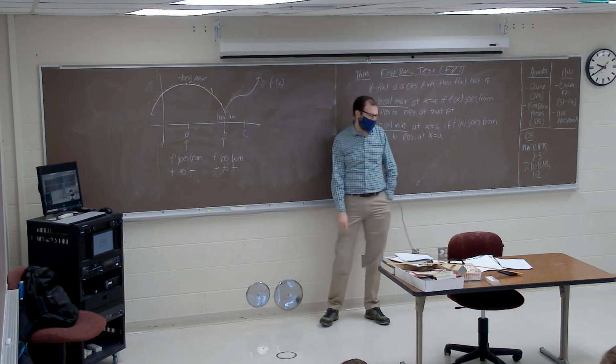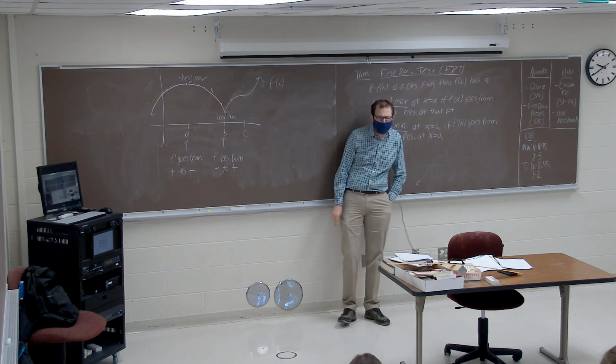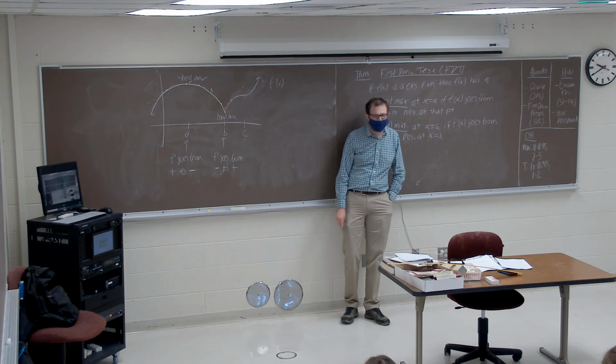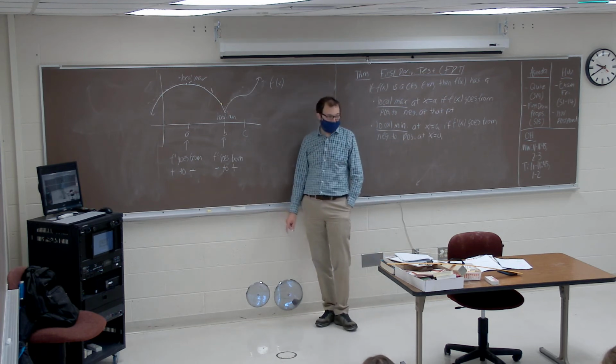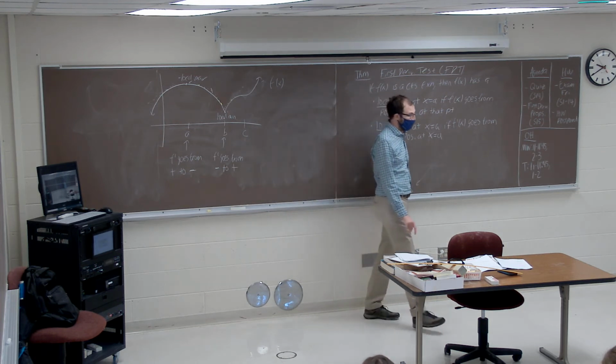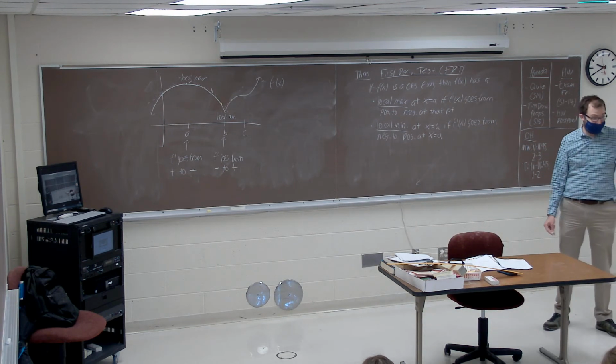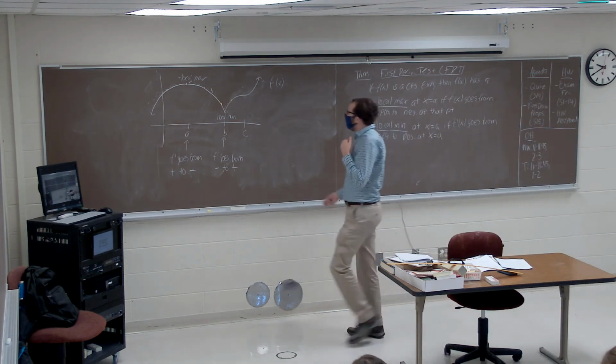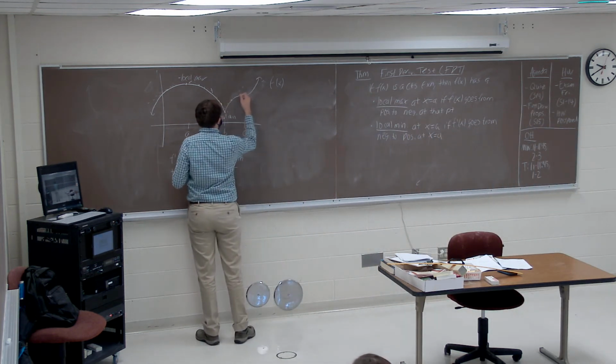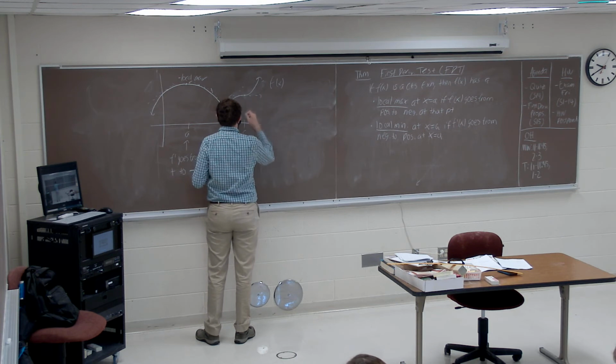What's happening at x equals c? The graph of f prime would be like barely touching 0. But specifically to the left and to the right of 0, what can we say about f prime being positive or negative? On both sides? Yes, I would say that at x equals c, we have a slope of 0.